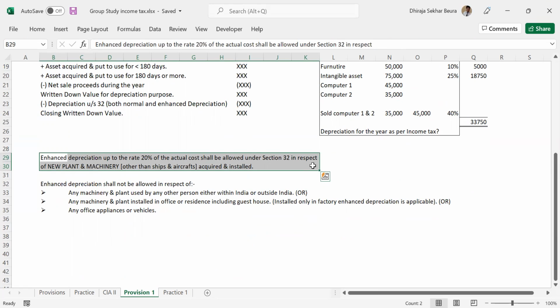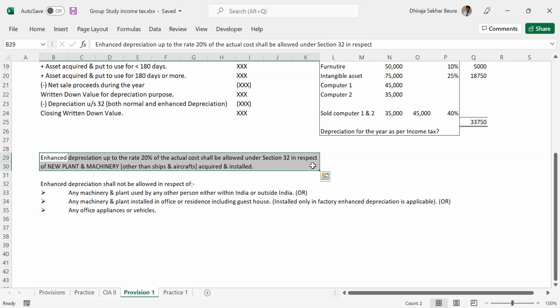What it says is that only for plant and machinery you have purchased during the year, you can take 20% additional depreciation, additional to the original rate. Original rate was 15%. Now you have an additional 20%. It comes to 35% total.